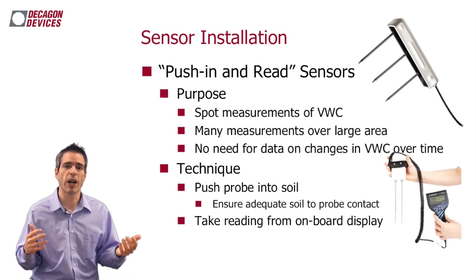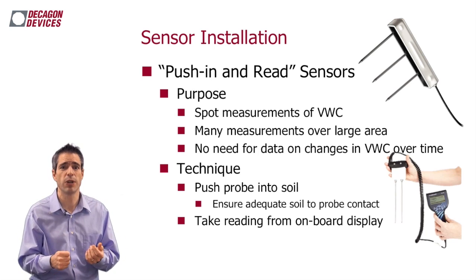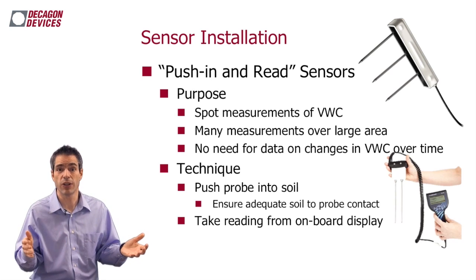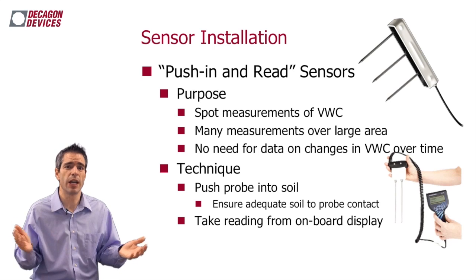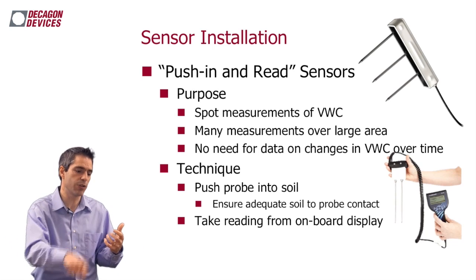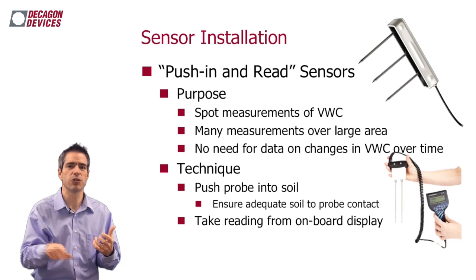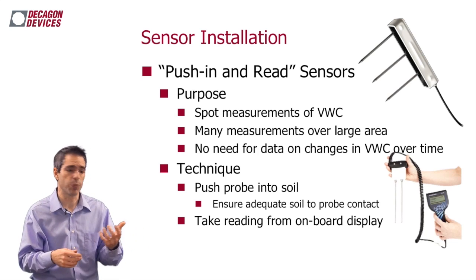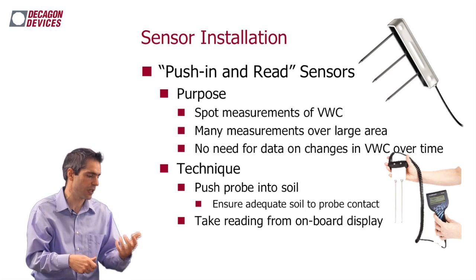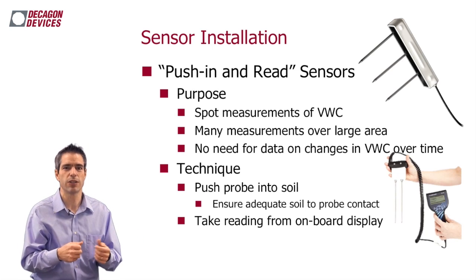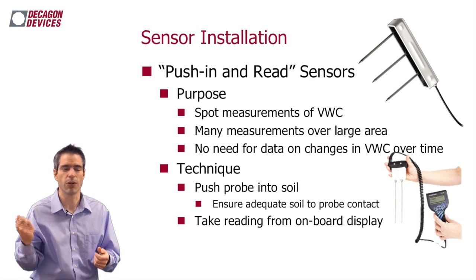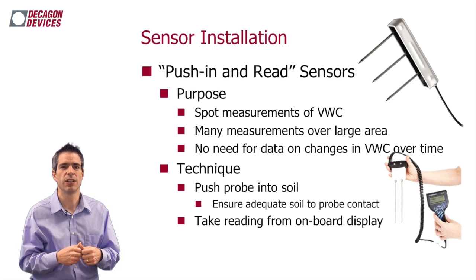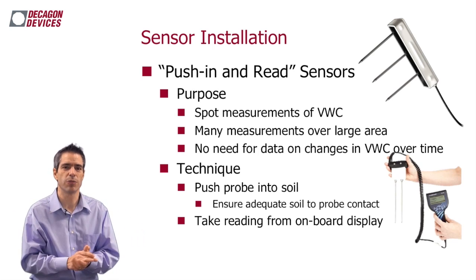A lot of people want ground truth measurements, sometimes from that Cosmos system that I mentioned earlier, or other types of measurements maybe made by satellite, and they would just want to go and poke in sensors around and make measurements. You can do this. The technique is simple. All you have to do is push in your sensor, read it out, store the data somehow on the instrument or with a piece of paper, and then move on and make another measurement.